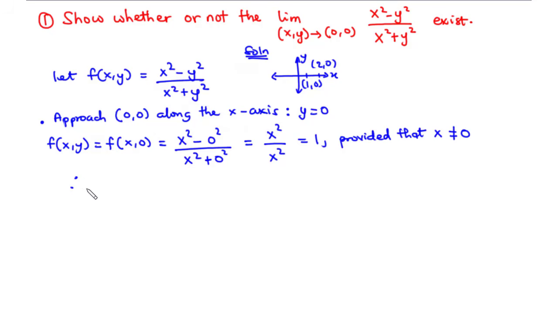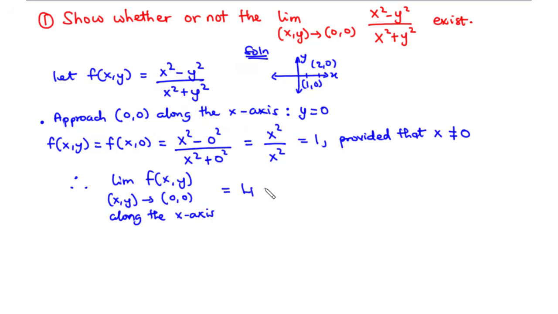Therefore, we say that the limit of the function f(x, y) as (x, y) approaches the point (0, 0) along the x-axis is equal to L1, and that is equal to 1.